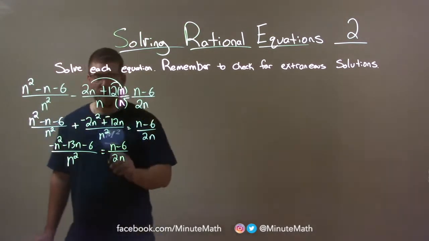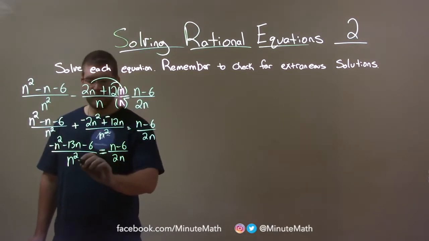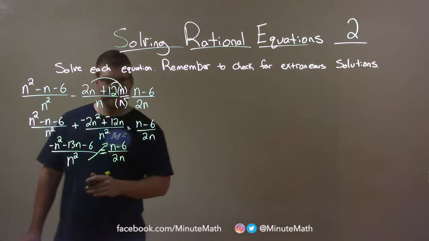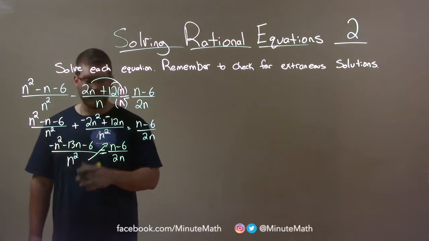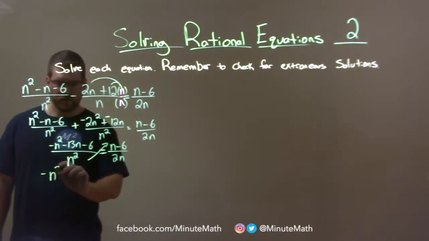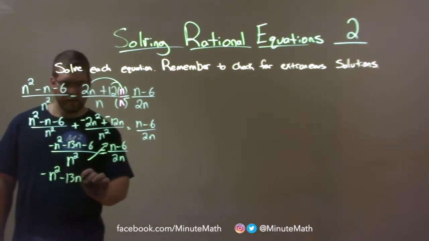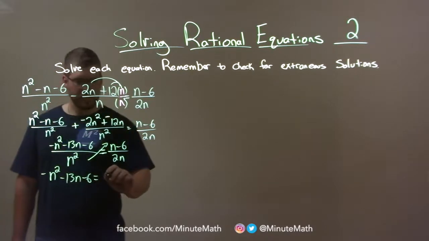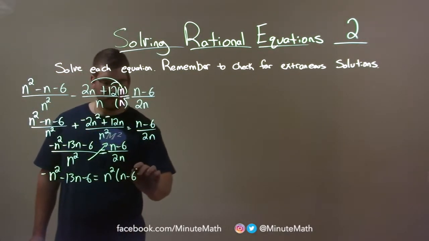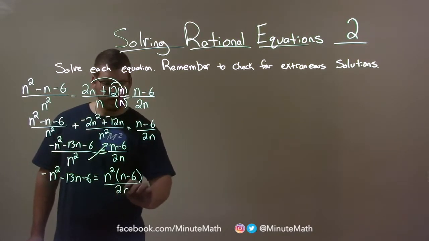So let's keep going. I'm going to take this denominator of n squared and bring it up to the right. It's kind of like cross multiplying, but just one of them. You'll see why in a second. So we have minus n squared minus 13n minus 6 equals n squared times n minus 6 over 2n.